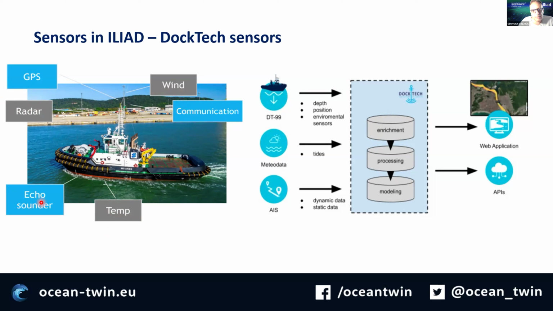So they collect all this data and they enrich the databases, and using models, they are able to provide high resolution maps of the seabed of a port area. So this is extremely important, especially in ports which are located very close to river mouths, where we have siltation effects and the bathymetry changes on a day-to-day basis.